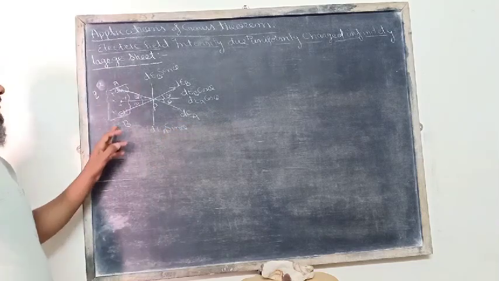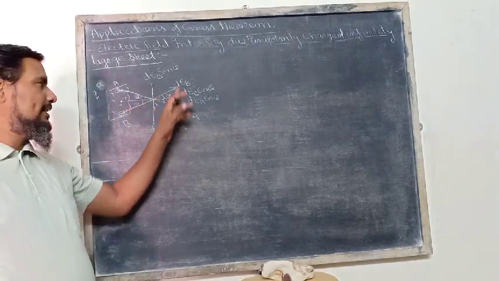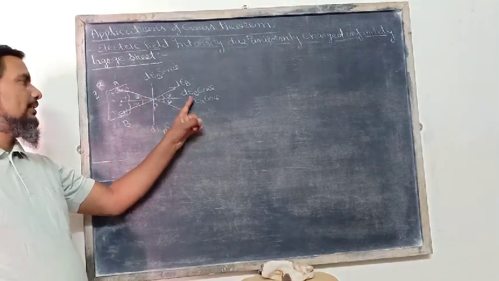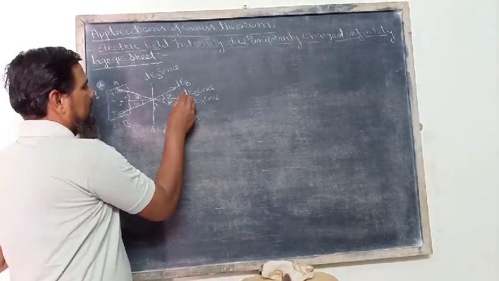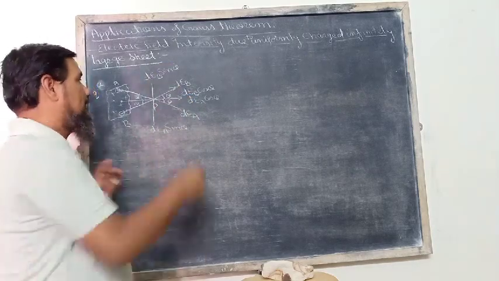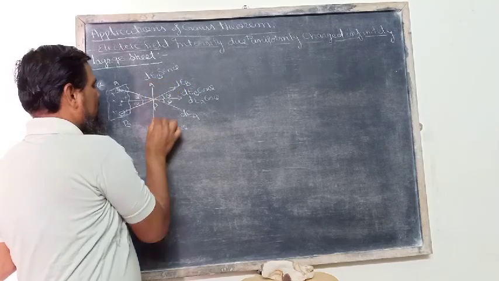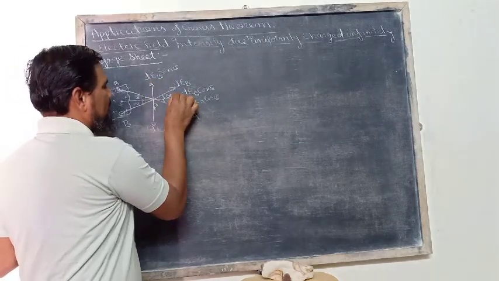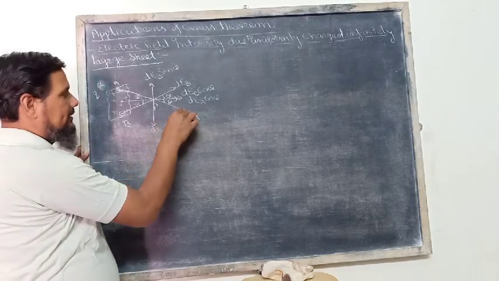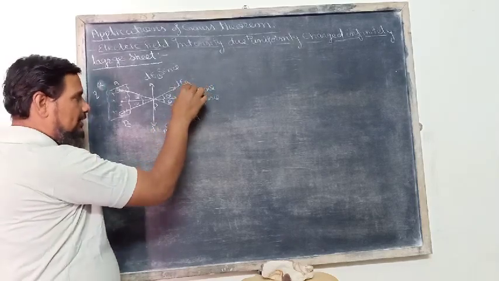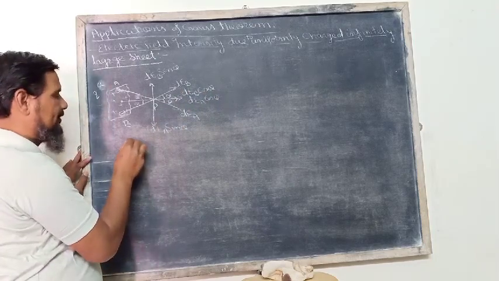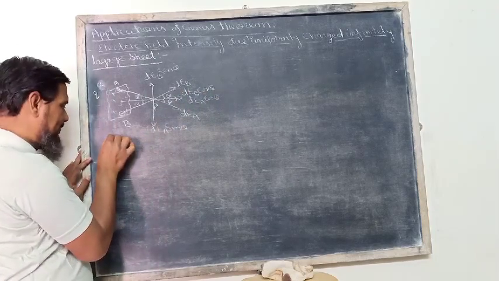After resolving, their cos components are along the same direction and their sine components are equal in magnitude and opposite in direction, so they cancel out. Only the cos components decide the direction of electric field intensity.